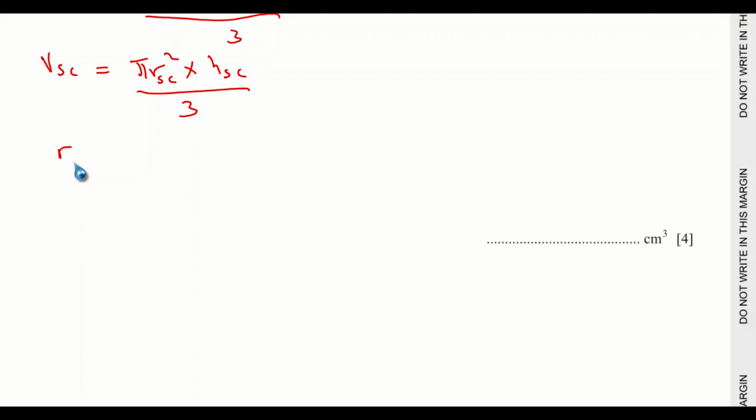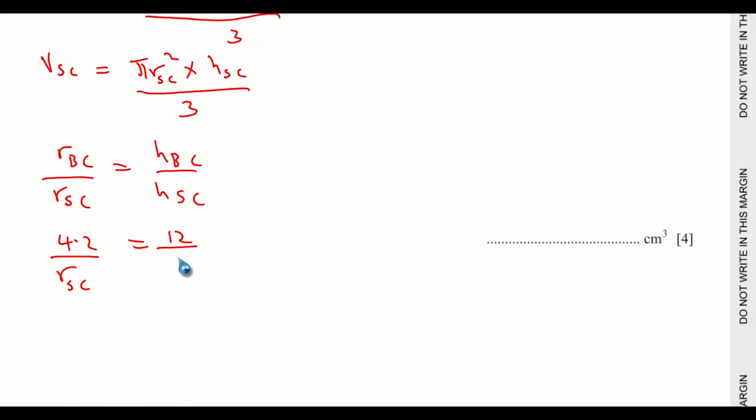So let's write radius of the bigger cone over radius of the smaller cone equals height of the bigger cone over height of the smaller cone. Let's key in the values. This will be 4.2 over the radius of the smaller cone we want to get, equals the height of the bigger cone, 12, over the height of the smaller cone, 7.5.